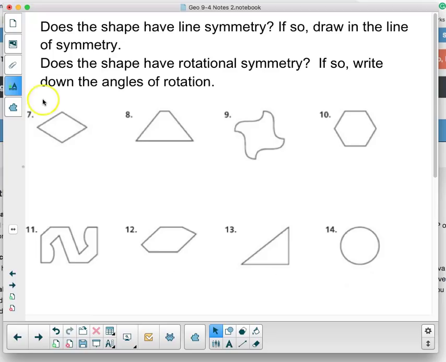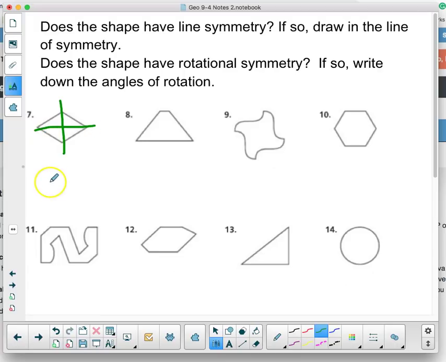Okay, so I'm back. So in problem 7, I'm looking at this. I'm going to assume this is a rhombus. I'm looking like I have symmetry there and there. So I've got line symmetry and I have rotational of 180 degrees.